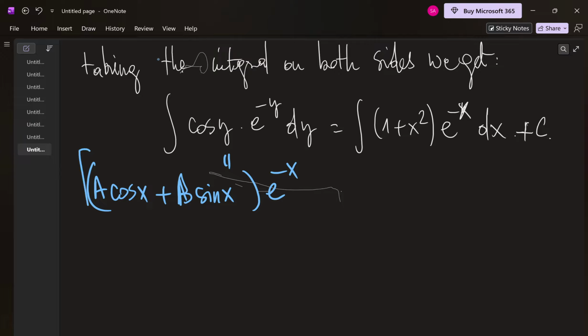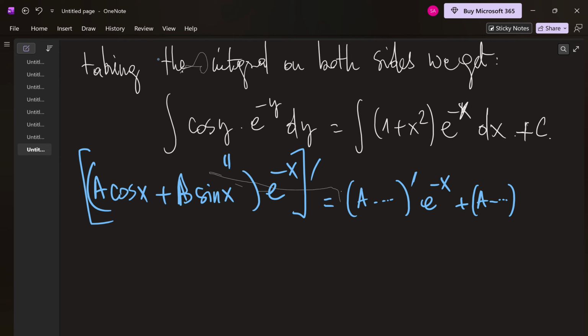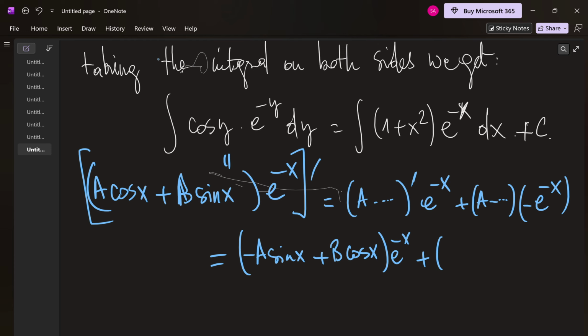If you derive this, you will get the derivative of the first one times exponential minus x plus a times the derivative of exponential minus x, which is this guy. Now if you compute them, you will find the first one is minus a sine x plus b cos x, exponential minus x, plus the same thing.